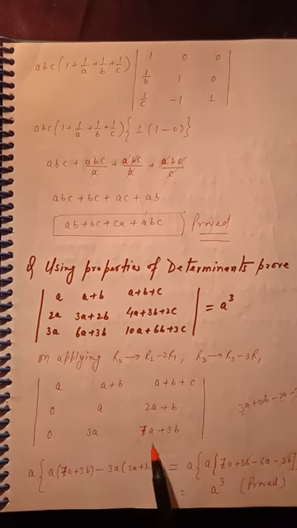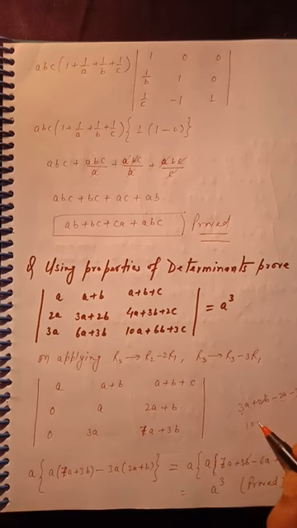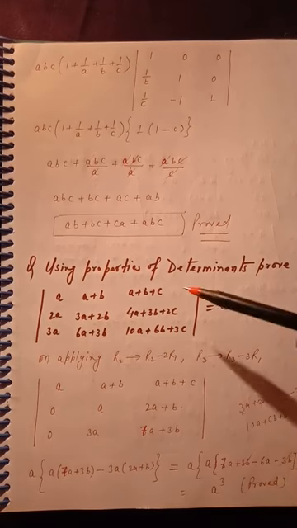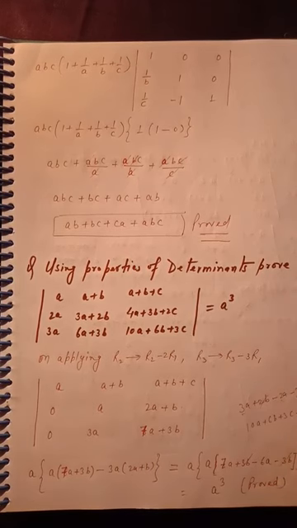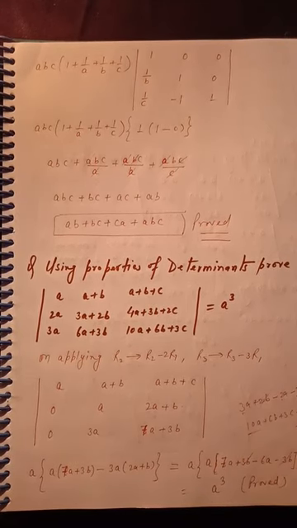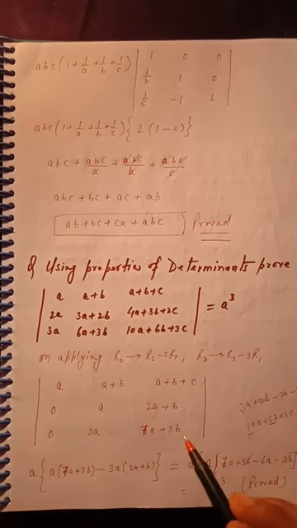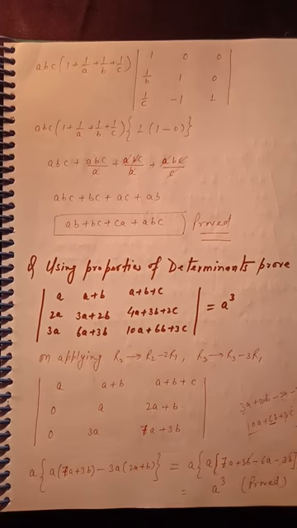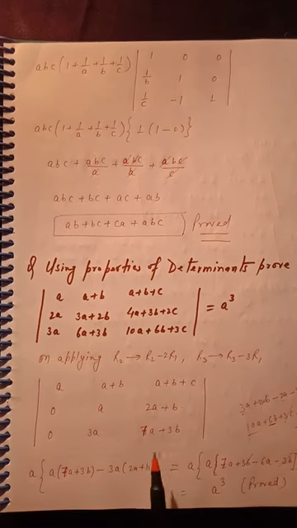Finally we will get 7A plus 3B, because this is 10A plus 6B plus 3C minus 3 times R1, 3A minus 3B minus 3C. So 10A minus 3A is 7A, 6B minus 3B will become 3B, and 3C minus 3C cancel. So these two operations are important.